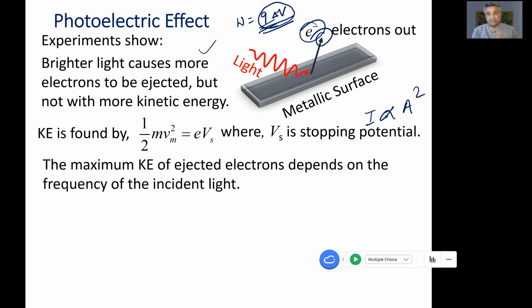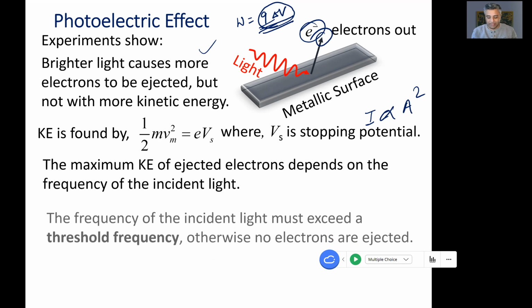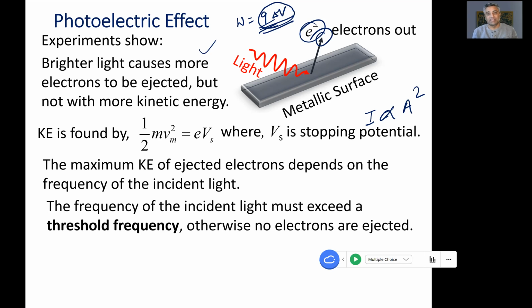But that speed depends on the frequency. Just like I said, if you go to higher and higher frequency, what happens? Even if the light is very, very faint, you get the electrons coming out really fast. So it depends on the frequency. And if you go lower than a certain frequency, it doesn't even come out.